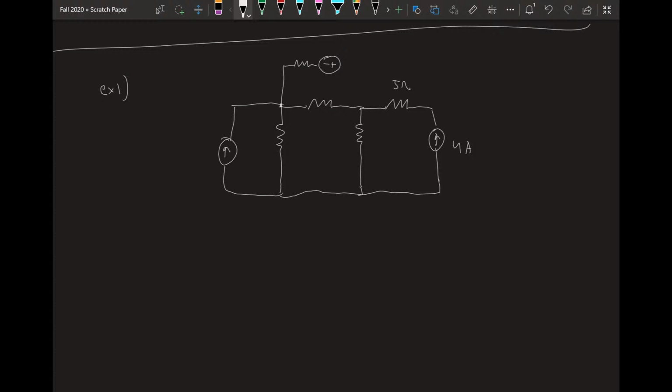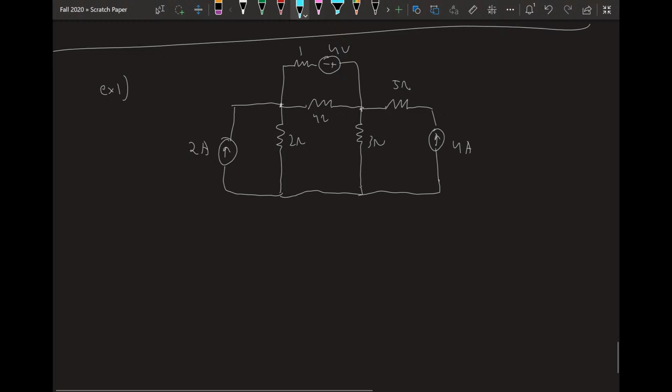A voltage source coming in hot. Okay, so let's write our values in. 4 volts, 3 ohms, 2 ohms, 2 amps. Okay, so that's our circuit.